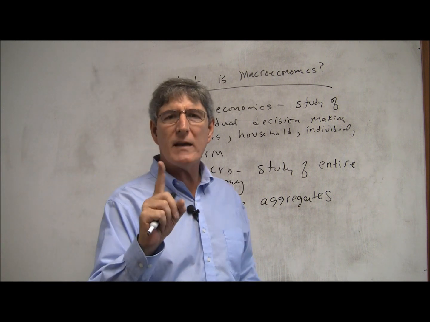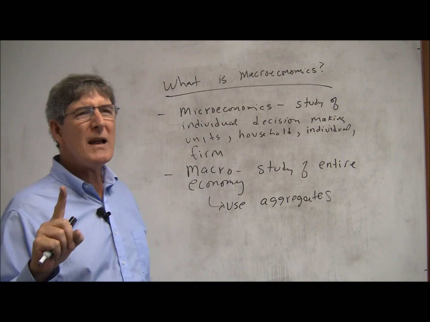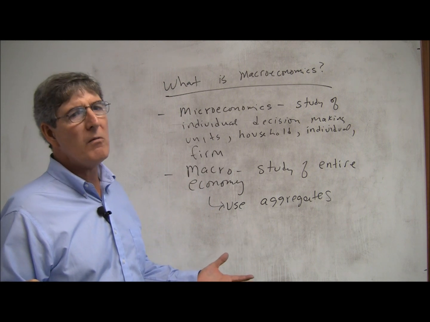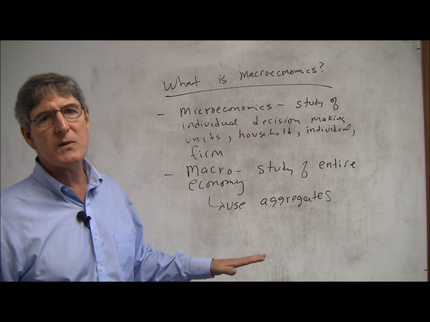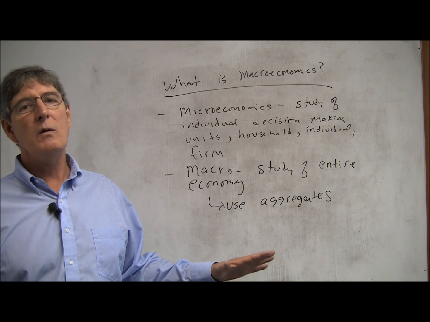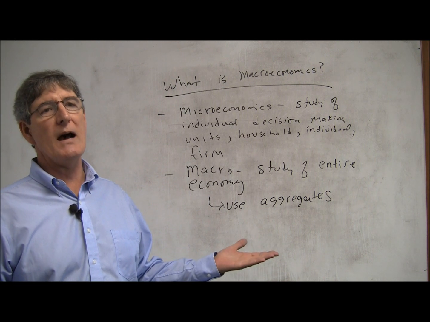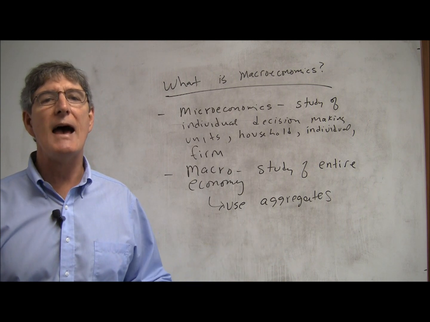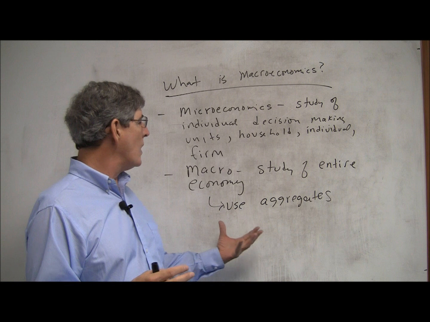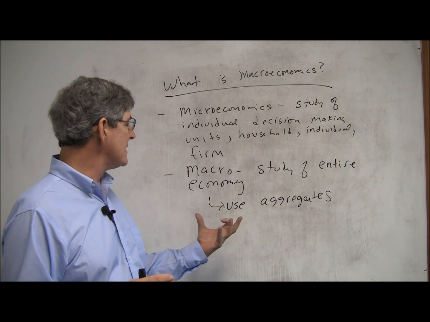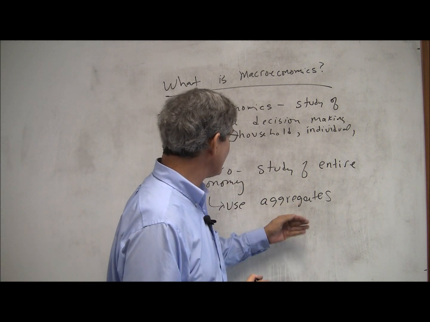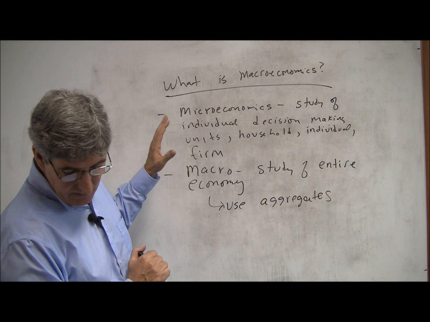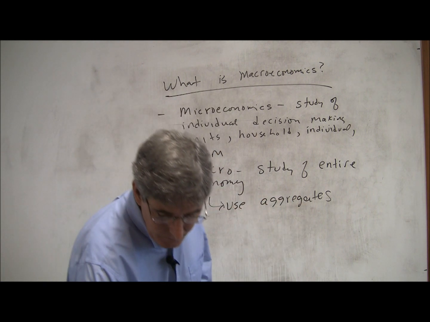We'll talk as though there's one interest rate and ask, well, what makes the interest rate go up or down on average? We don't mean necessarily that every interest rate in the economy is going up or down. We mean that on average, interest rates are going up, or on average, interest rates are going down. So again, we're using these aggregates to try to keep track of what's going on average across the economy. And it's the study of the aggregation that distinguishes macro from micro. Okay?